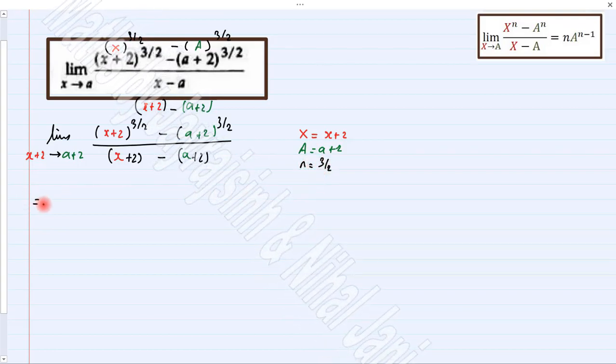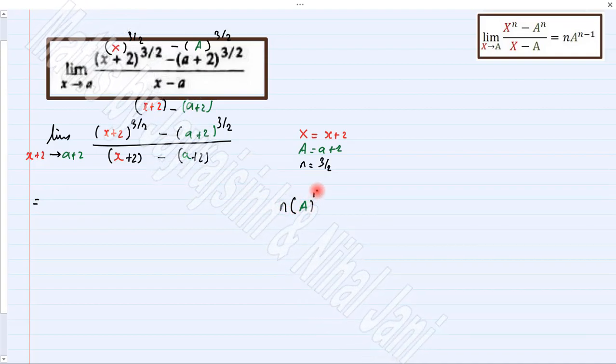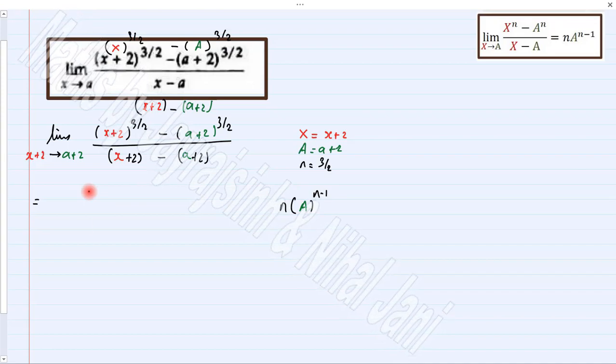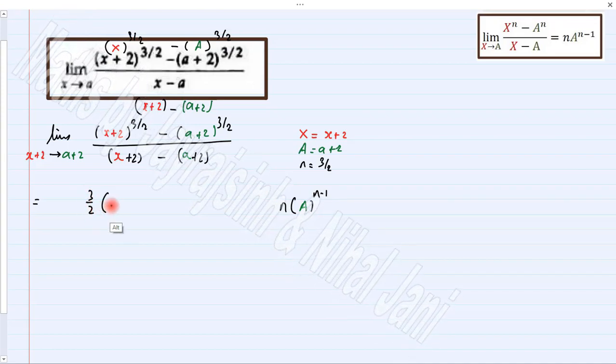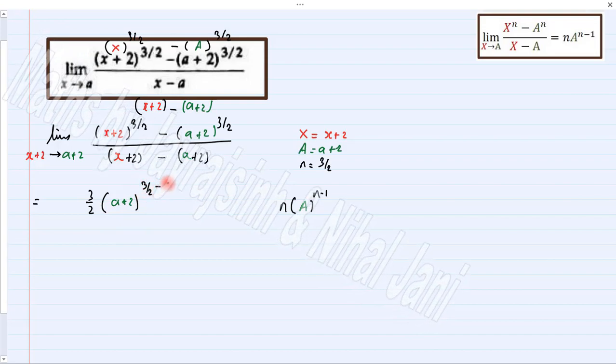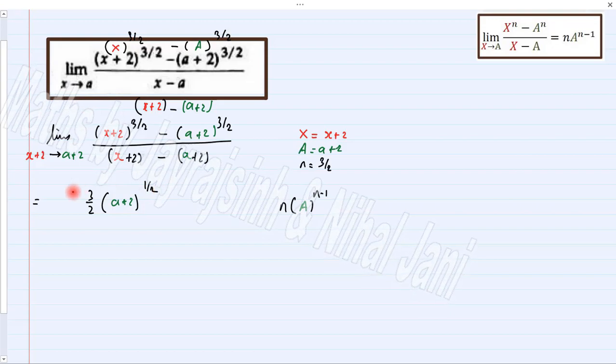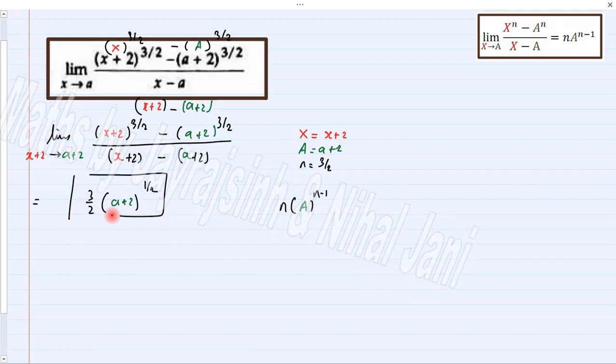And its answer is n into A raised to n minus 1, or we can say 3 by 2 into (a plus 2) whole raised to 3 by 2 minus 1, or we can say 1 by 2. So tada! This is your final answer.